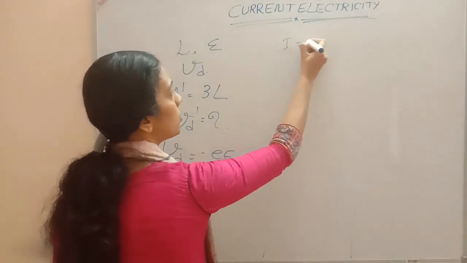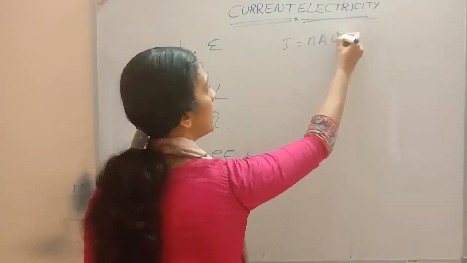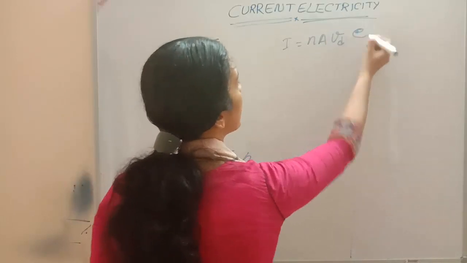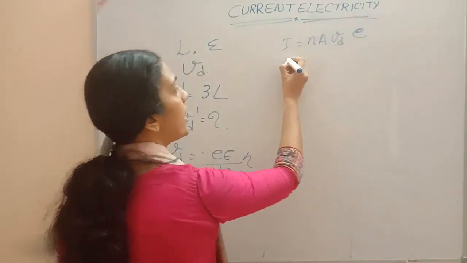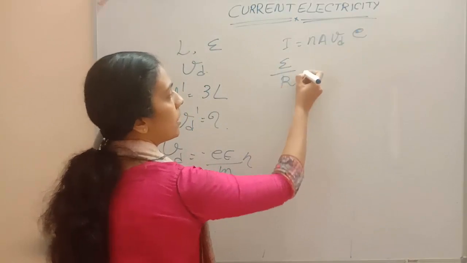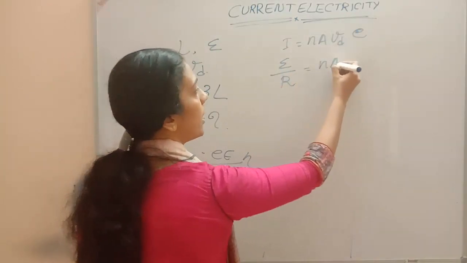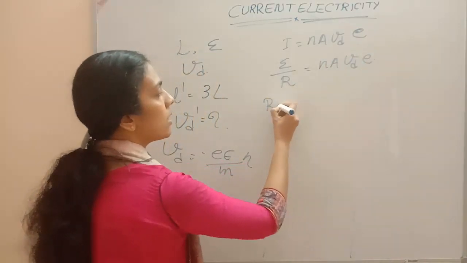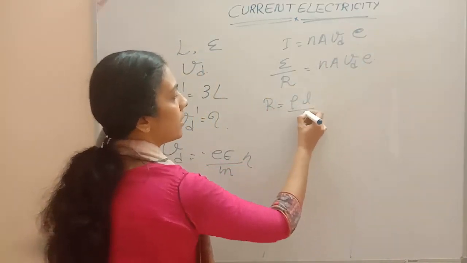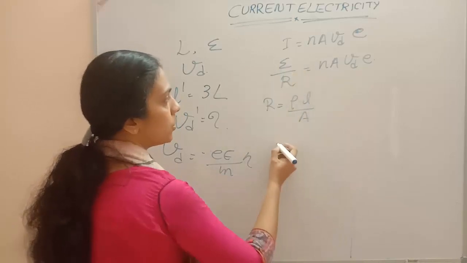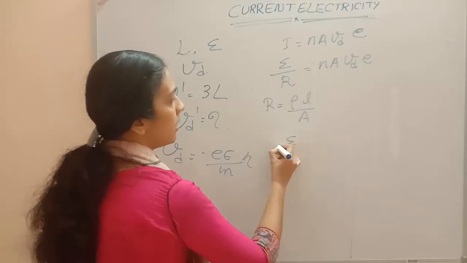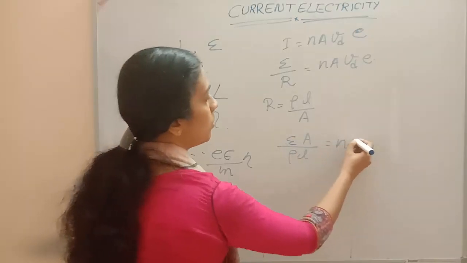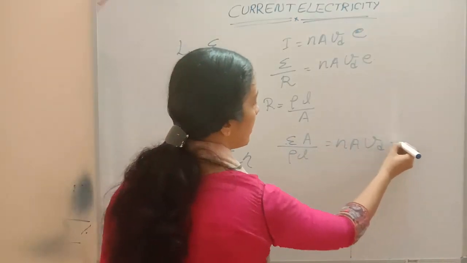I is equal to N A Vd e. This is the equation I am considering. I is equal to E by R, that is equal to N A Vd e. R equals rho into L by A. So substituting that, E by rho L into A is equal to N A Vd e.